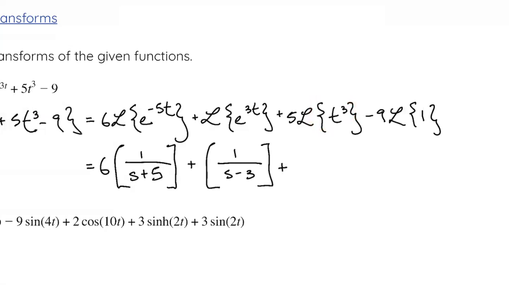And again, it's important that we can identify our n, where n equals 3 in this case, because we're looking at t cubed. So the Laplace transform, I'm still going to have my 5 out in the front. And for that t cubed, the Laplace transform is n factorial over s to the n plus 1, and in this case n is 3.